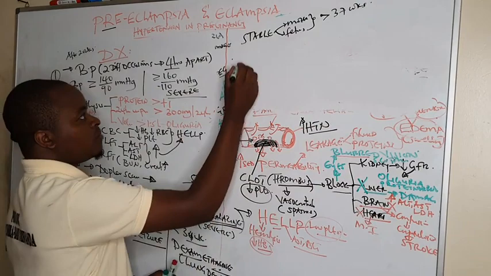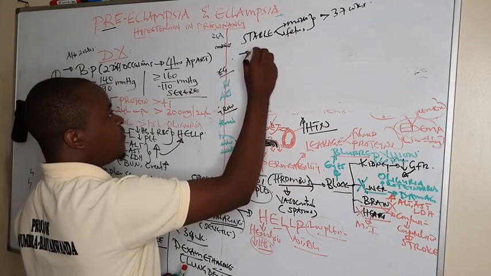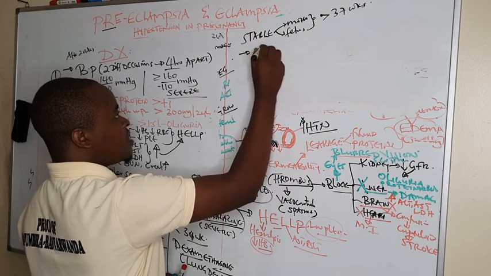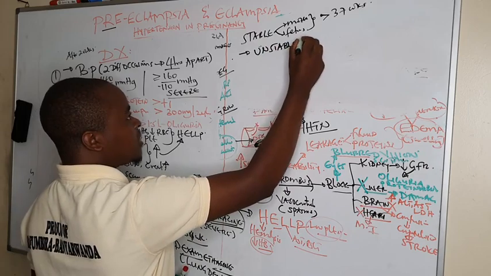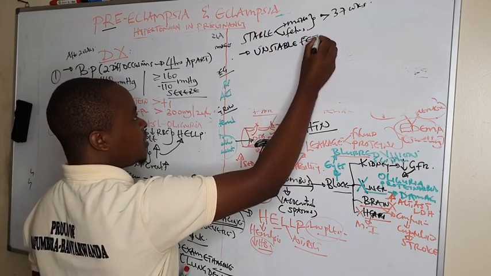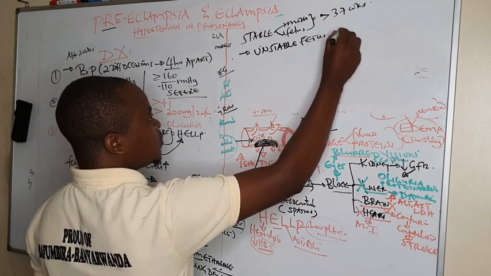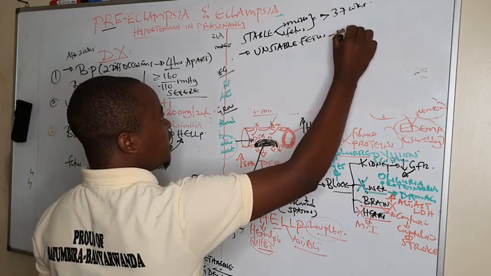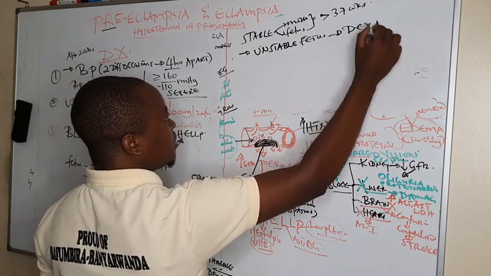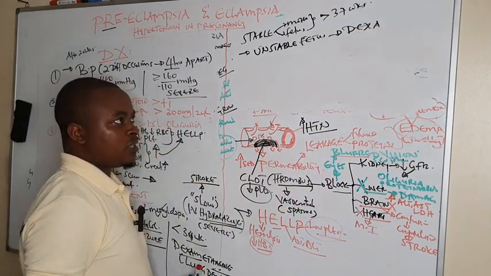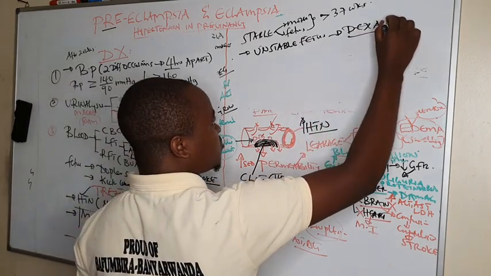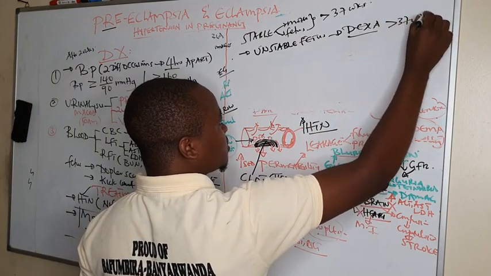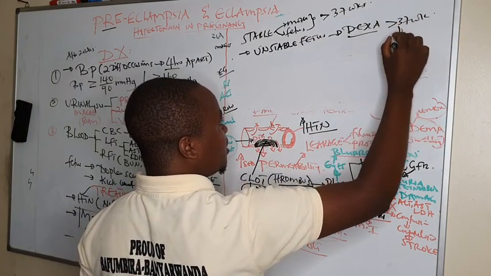But the problem comes if the fetus is unstable. With an unstable fetus, maybe after doing a Doppler scan, that is when you give dexamethasone if it is below 37 weeks. Then afterwards, when the fetus reaches 37 weeks, you can plan delivery.